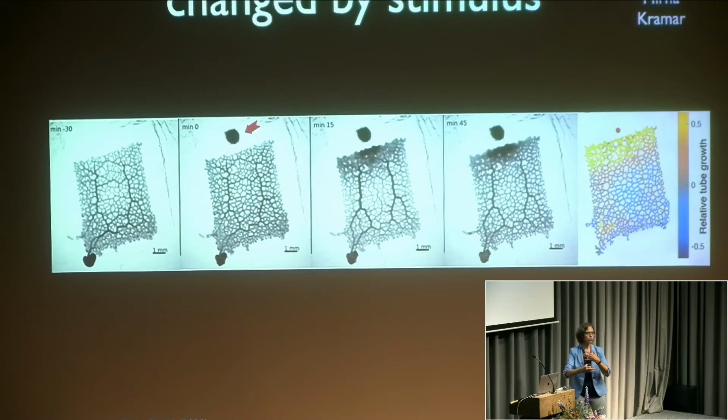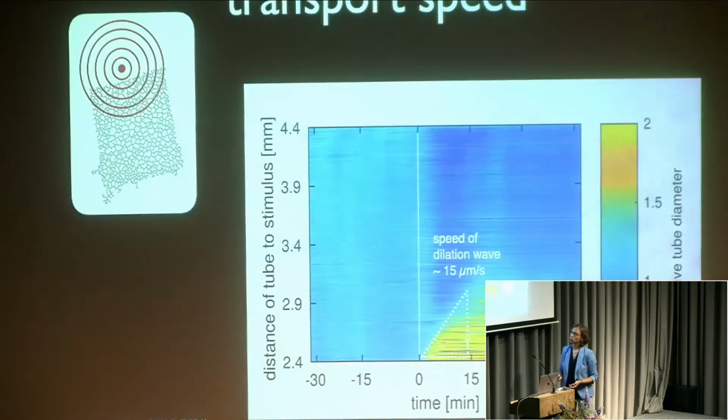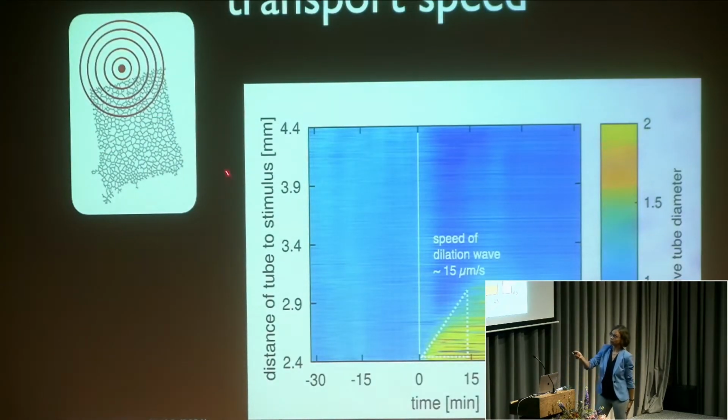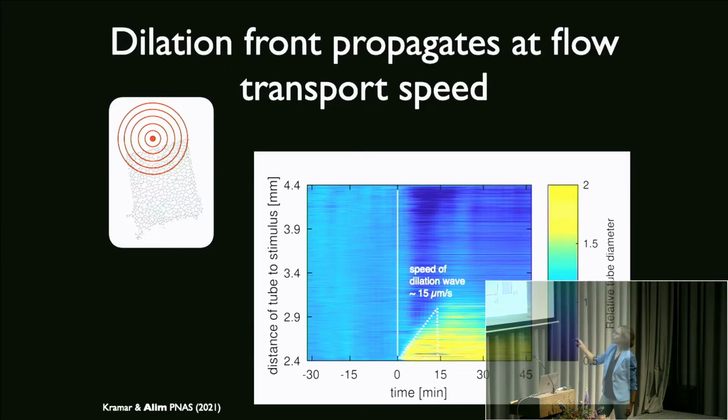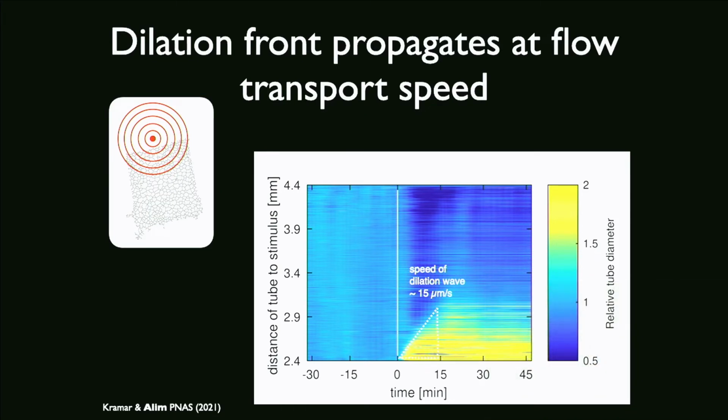So how does this change in network diameter come about? What we do is we now look at the average tube diameter. And I should emphasize, I know that the tubes are contracting all the time. I'm just taking the base diameter, sort of averaging out these fast contractions.